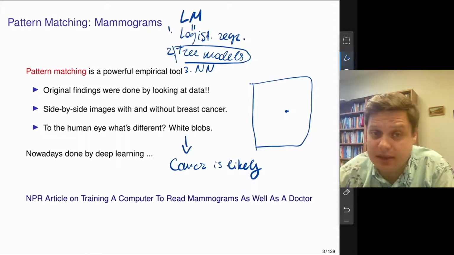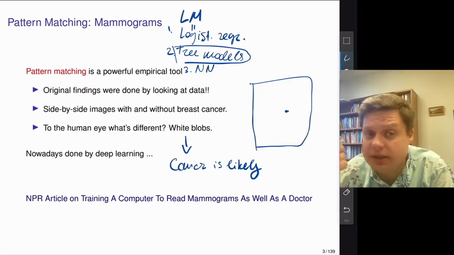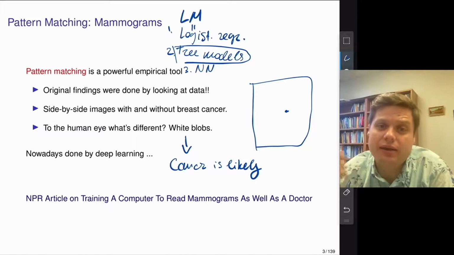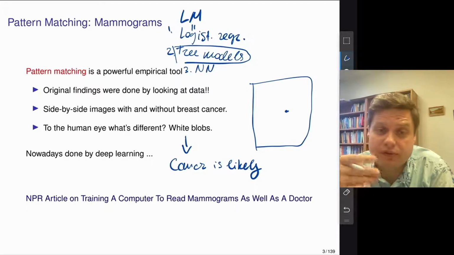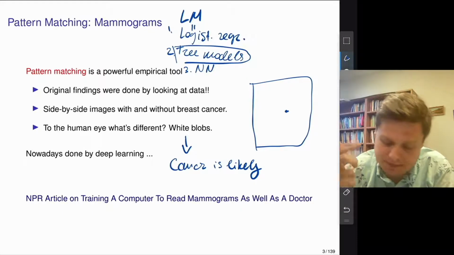And scientists didn't really know why cancer patients will have those white blobs, and it took several years of science and explaining those high density tissue formations and why they are associated with the cancer. But before we had science, we still had this predictive rule, and we were able to use this predictive rule very successfully and identify many of those cancer cases.